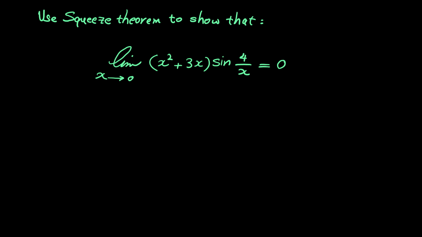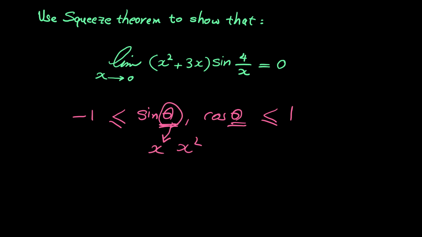If we use our knowledge from pre-calculus, we remember that sine of any angle, like sine of theta, or cosine of theta, is always between -1 and 1, and it doesn't matter what theta is. For example, theta can be x squared, 1 over x, pi over x, any expression in terms of x. For any value of theta, sine and cosine are always between -1 and 1.